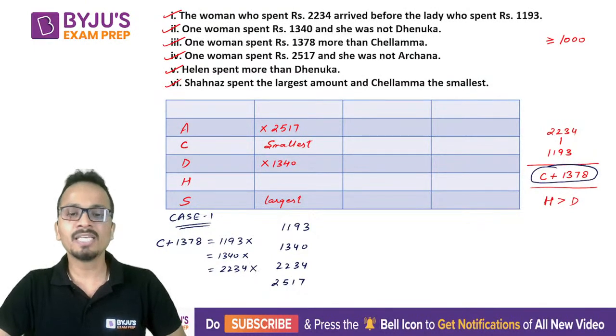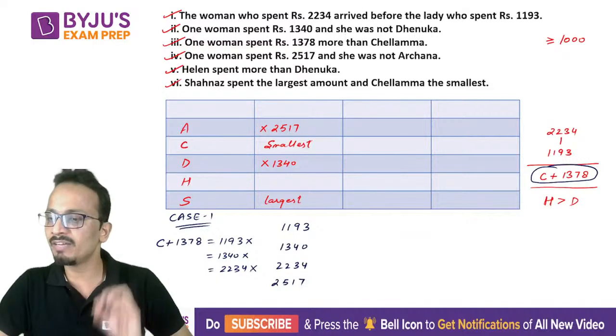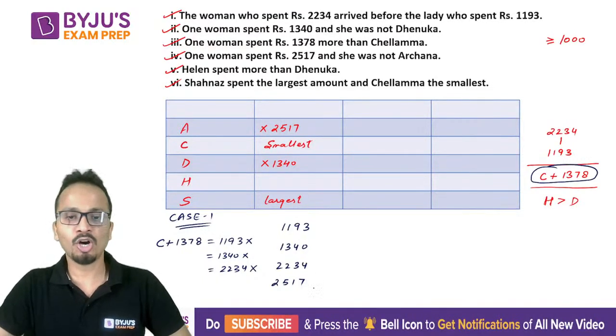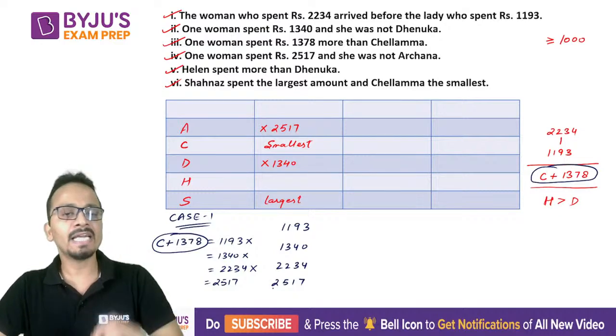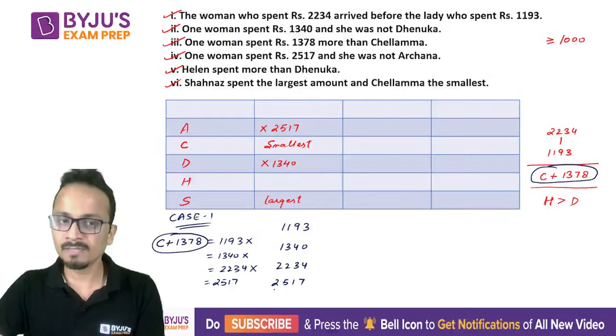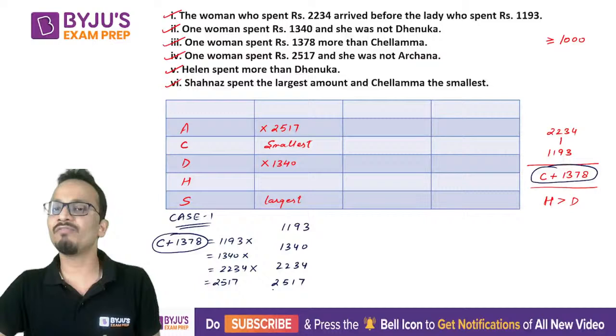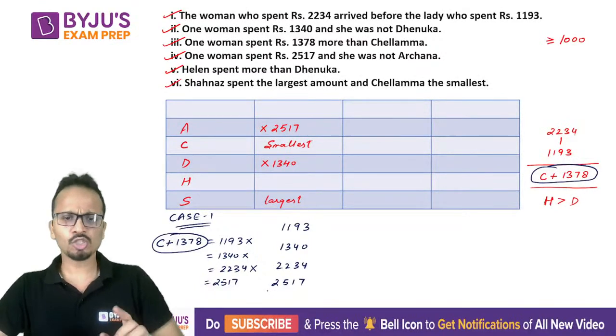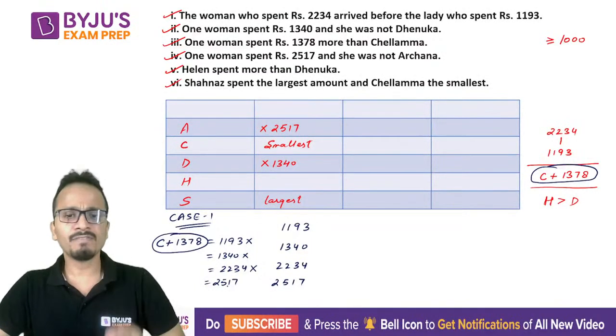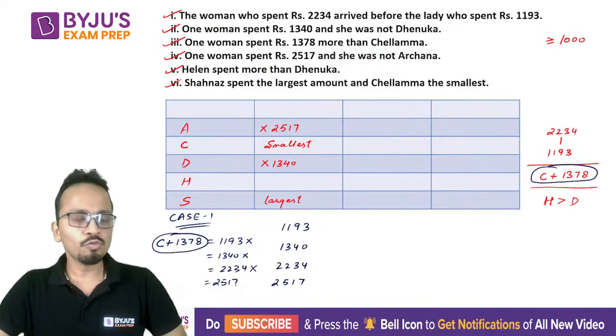So that is why this also cannot be the value of C. All right. Now the last one, if C plus 1378 is 2517, then I can get a valid value of C that will be more than 1000. So here the value of C will be 2517 minus 1378.